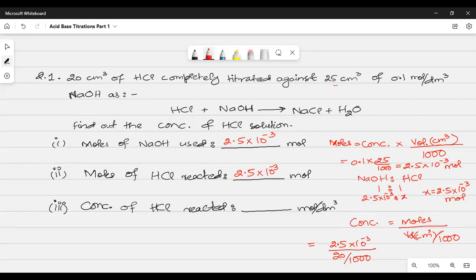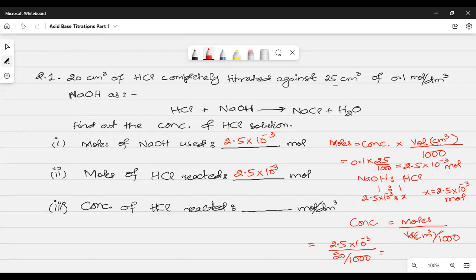There you go. What's the answer to this one? Sir, the answer is 0.125.